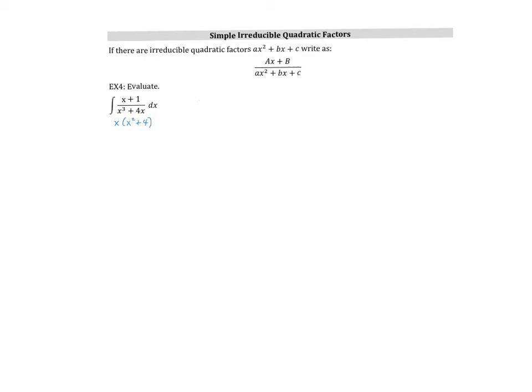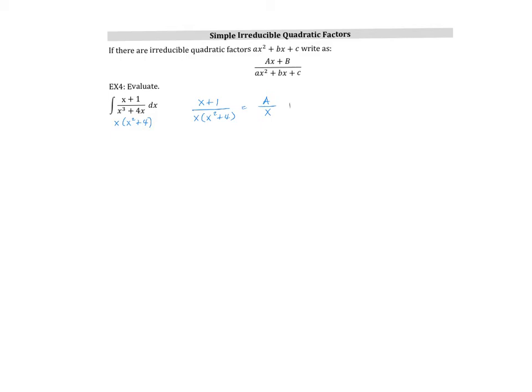When we break up our integrand, the linear factor of x is going to be some a that we need to solve for. Okay? And a is a constant. The reason why it's just a constant is because the numerator has to be of a smaller degree than the denominator, because that's how our original rational expression was.